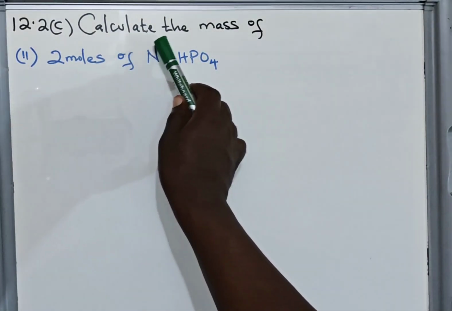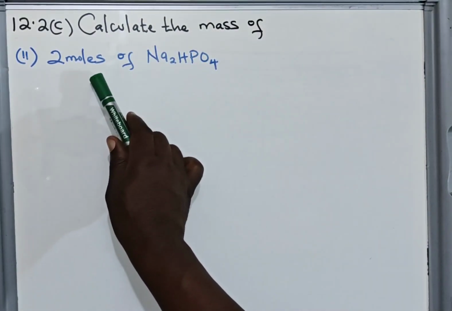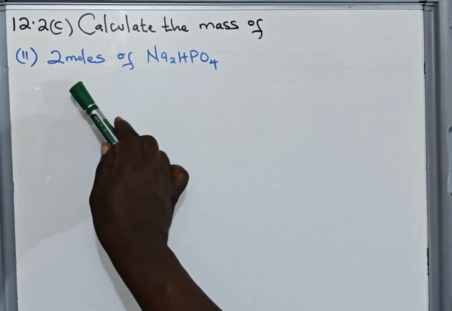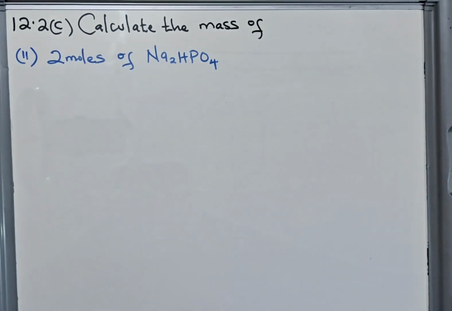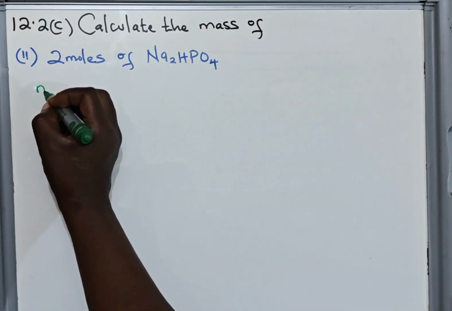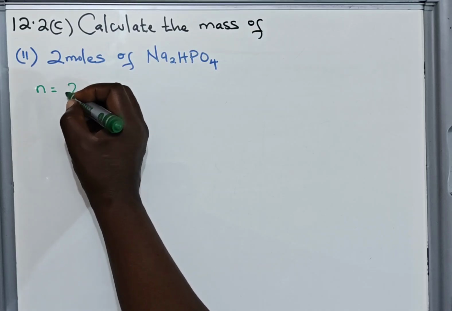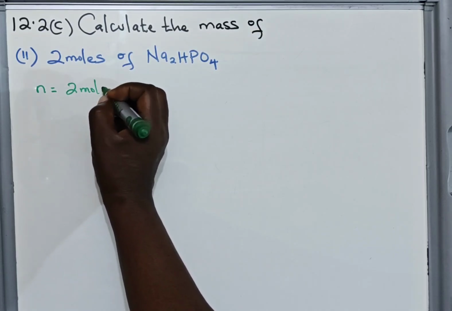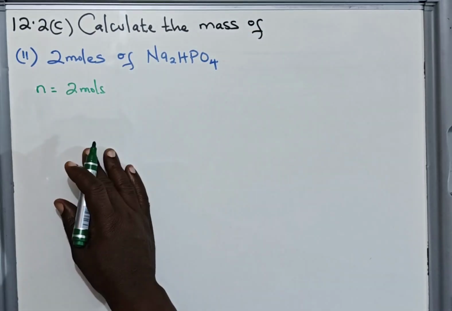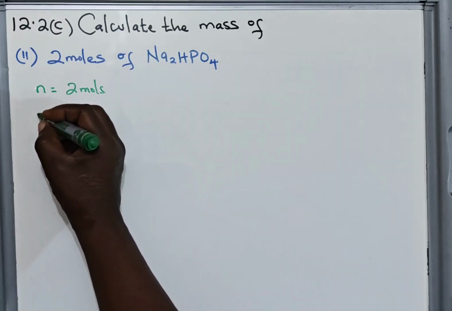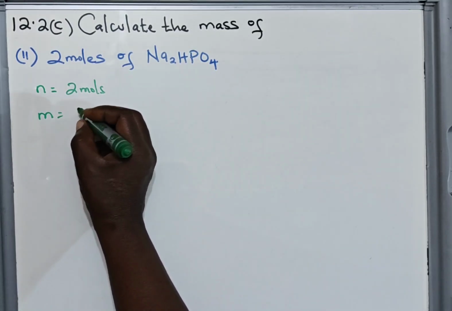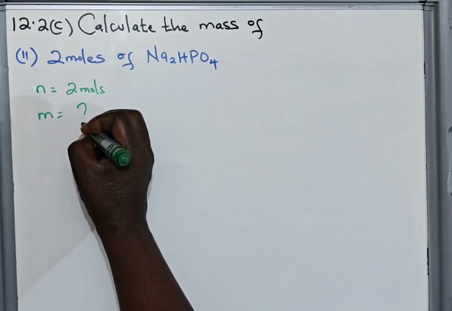Then we come to this one. It says calculate the mass of 2 moles of sodium hydrogen phosphate. How do you go about this one? You have N, the number of moles, which is 2 moles. We are looking for mass. We don't know it.